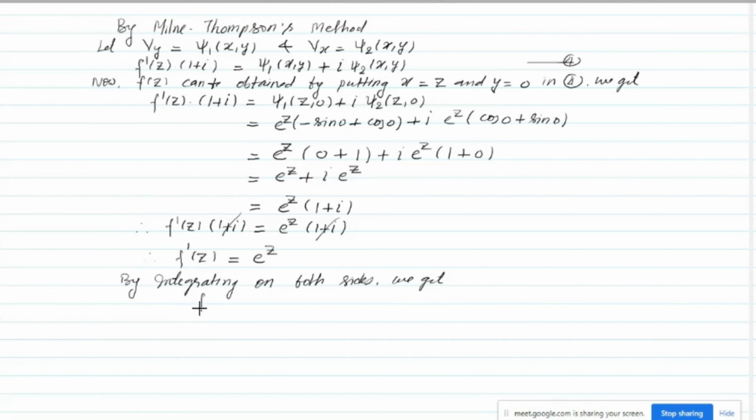So this becomes F of z, and this is equal to integration of e raised to z dz plus c, where c is the integrating constant. Okay, so therefore we can write here f of z equal to what?